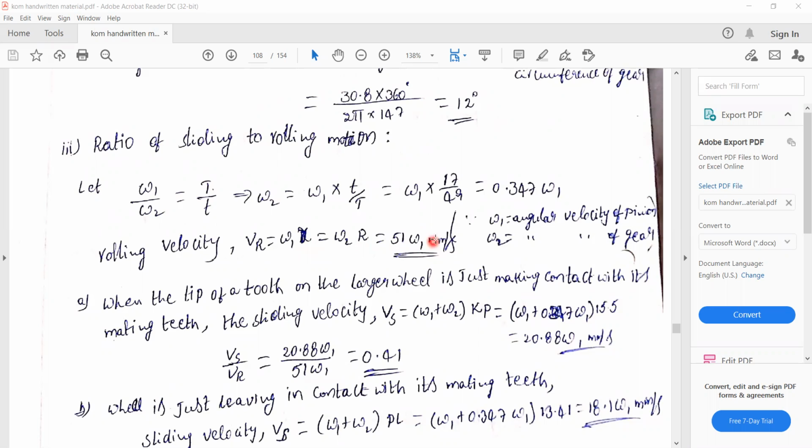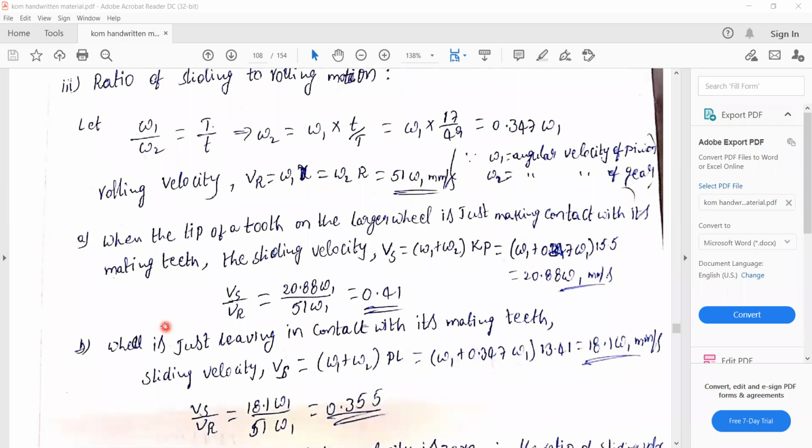VR equals 51 omega 1 millimeter per second. Now, from the ratio of sliding to rolling point of view, they may also give you three conditions. The first is when the tip of the tooth on the larger wheel is just making contact, just mating.